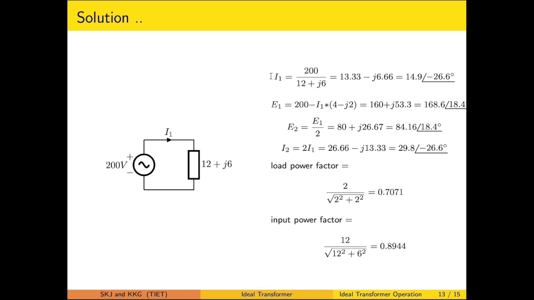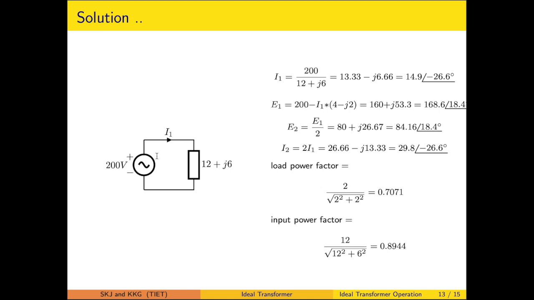So I1, with the supply voltage 200 upon 12 plus J6, is coming out in the rectangular form. This is the polar form of the representation. This is giving rise to 14.9 ampere with an angle of minus 26.6 degrees. This angle is negative, so you can say this particular impedance is of inductive nature.